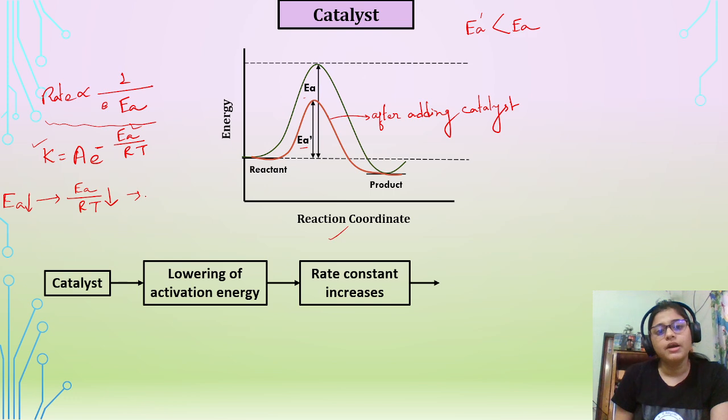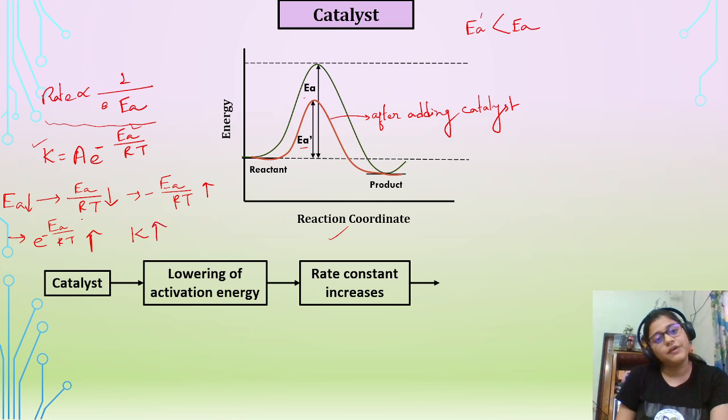Now minus EA by RT will increase, so e to the power minus EA by RT will also increase. That means the K value will increase. So when EA decreases, we find that the K value, or rate constant, is increasing.